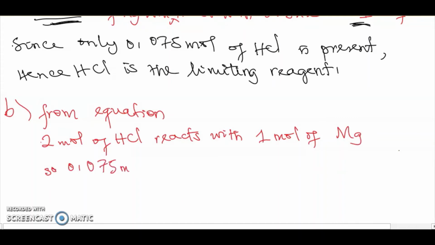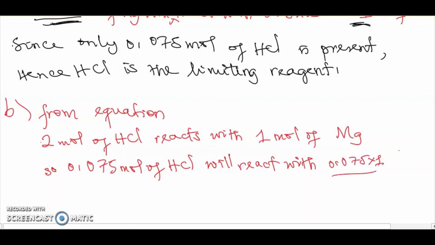So 0.075 moles of HCl will react with 0.075 multiplied by 1 divided by 2. What does that give us?